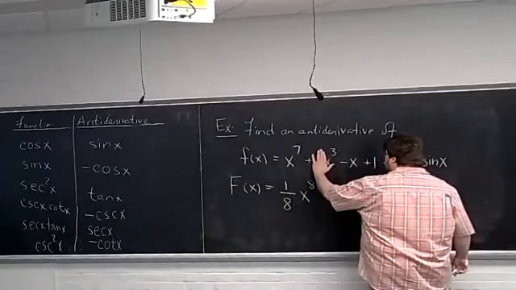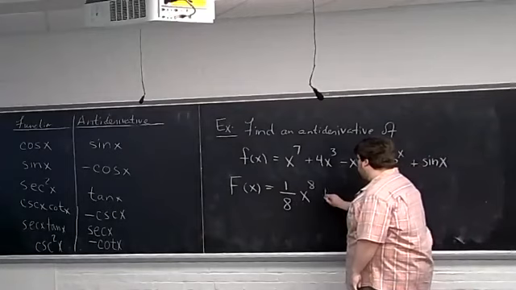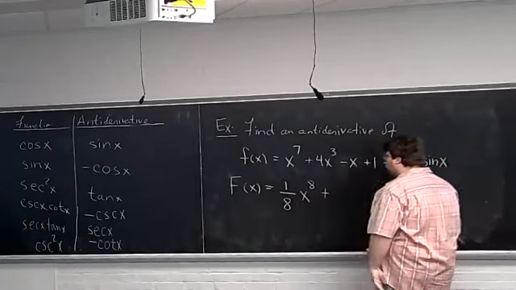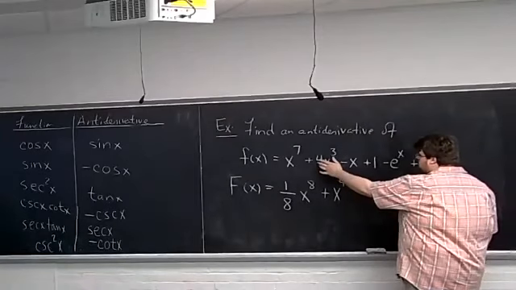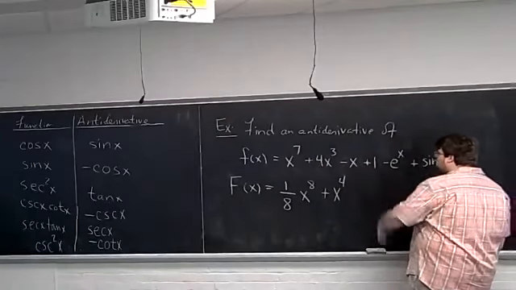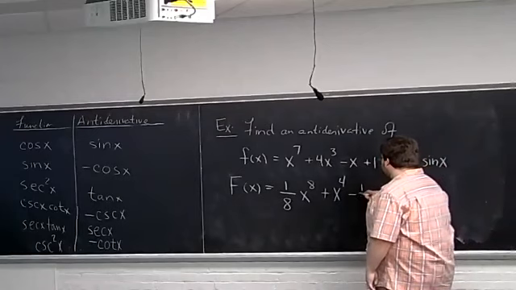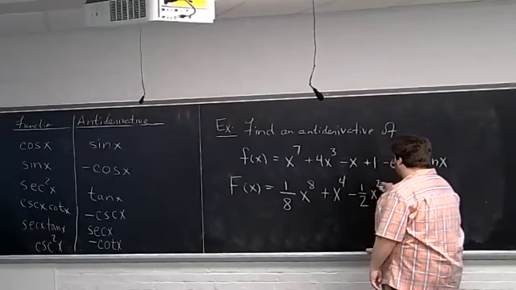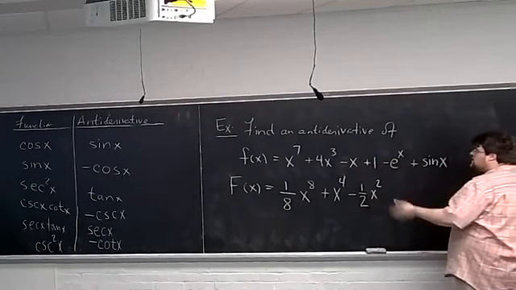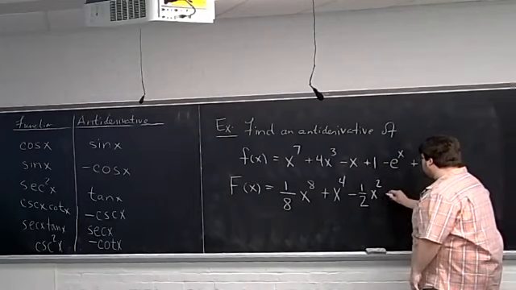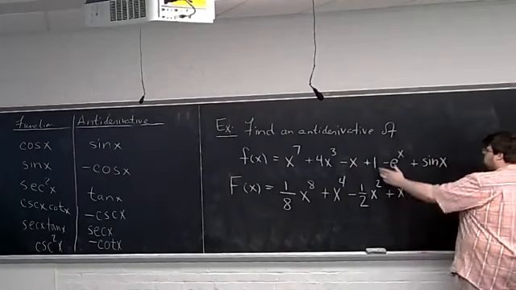Add 1 to the exponent and divide. 3 plus 1 is 4, x to the 4th, and the 4's cancel. For the next one, we have an exponent of 1. 1 plus 1 is 2, so negative half x squared. Next one, we have a constant. Our first rule told us how to handle constants: constant times x.